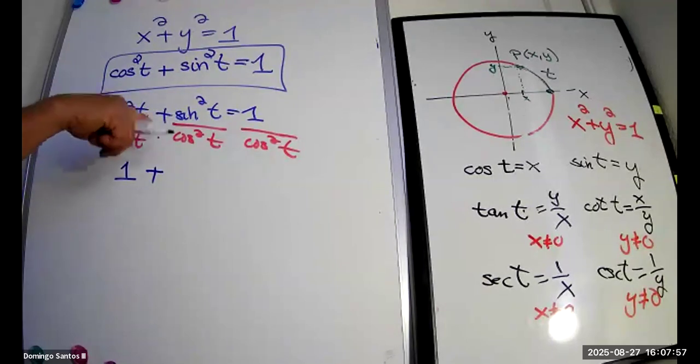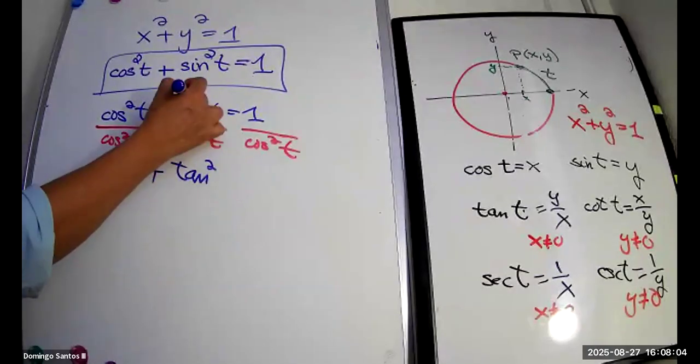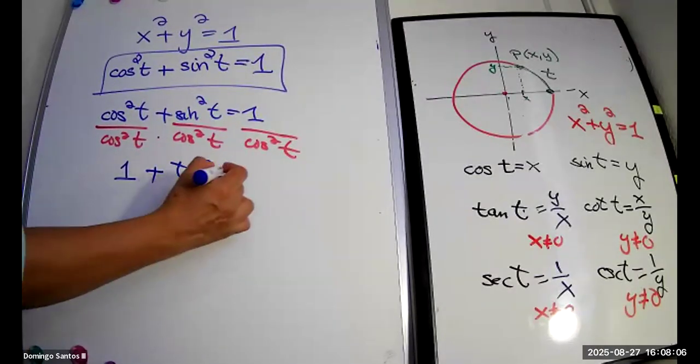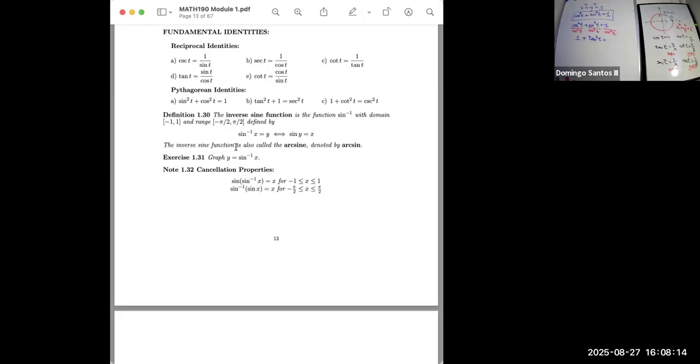Okay, what's sine over cosine again, Jawan? It's tangent. Very good. But there's a square there, right? So tangent squared t. What's 1 over cosine again? It's 1 over x. What is that? Secant, right? Secant, yes.